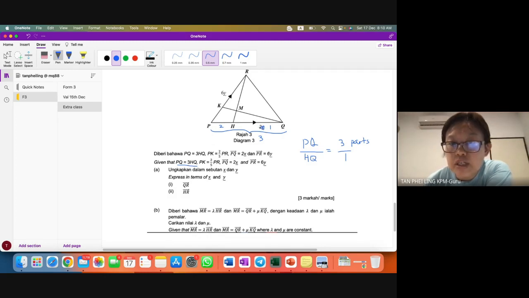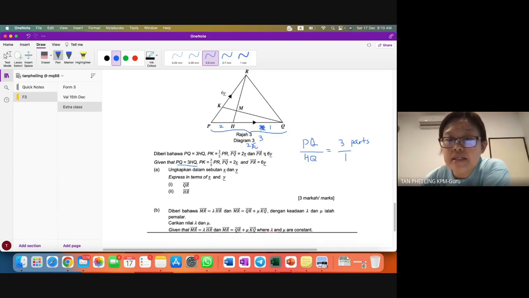It's not HQ that is 2x, it's the PQ that is having 2x. So write it down here so that you understand the whole of PQ is having 3 parts, and these 3 parts are equivalent to 2x. The labeling here is a bit confusing, so no worries. Usually in the question, they will state it again so that you can understand it clearly.